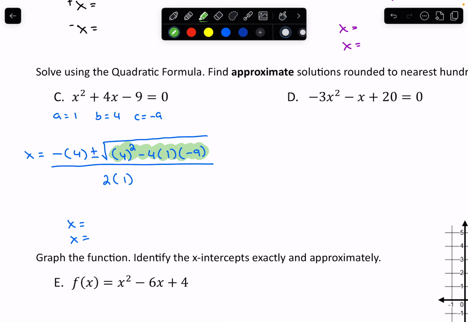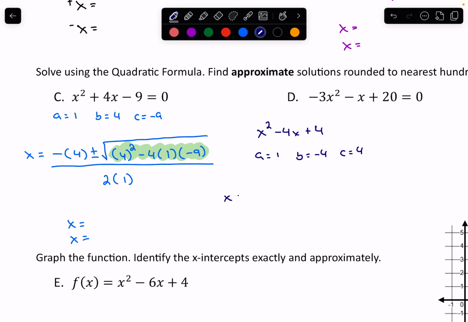So, for example, if I were to do the quadratic formula for, let's see, x squared minus 4x plus 4, then my A would be 1, my B would be -4, and my C would be +4.